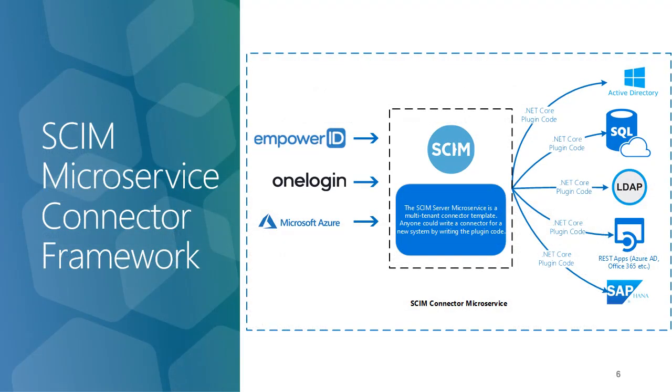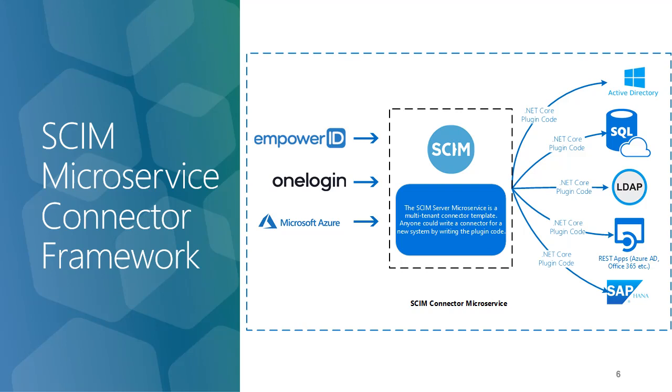As part of EmpowerID's innovative approach to identity and access management, EmpowerID has fully embraced both microservices and SCIM. SCIM, or Simple Cloud Identity Management, is an open standard that vendors have agreed to for exchanging identity information between identity management systems and applications.